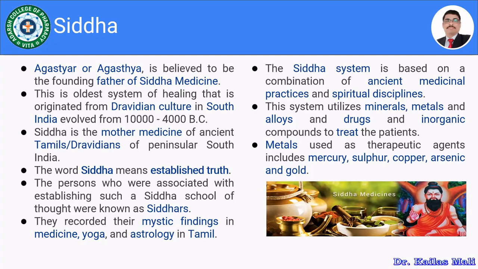This system utilizes minerals, metals, alloys, drugs, and inorganic compounds to treat patients. Metals used as therapeutic agents include mercury, sulfur, copper, arsenic, and gold. Siddhar Agastya contributed well to the development of the Siddha system of medicine.